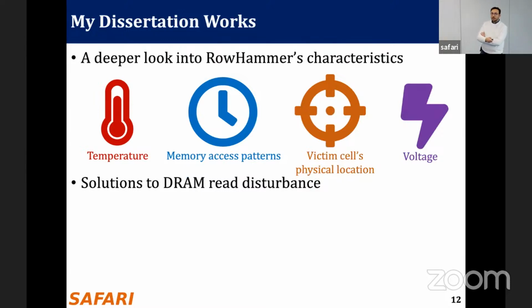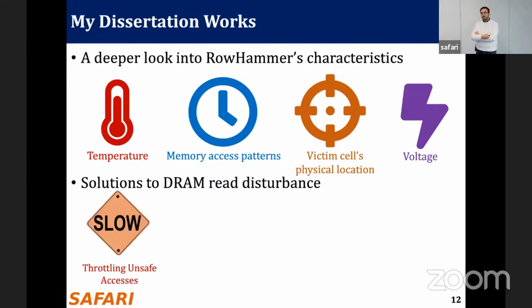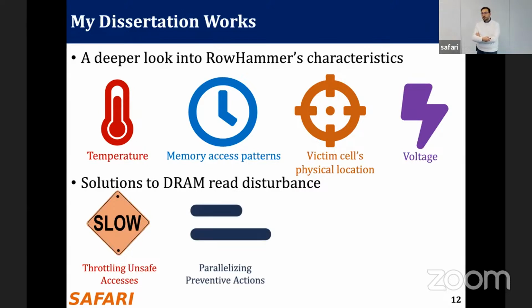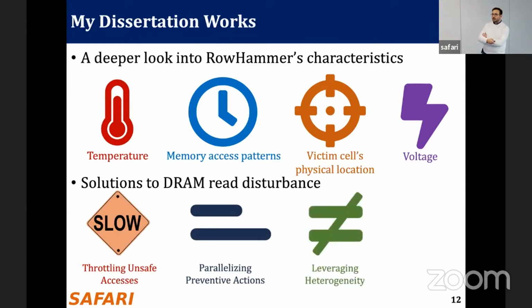And we also came up with solutions to DRAM read disturbance by throttling unsafe accesses, parallelizing preventive actions, and leveraging heterogeneity to solve DRAM read disturbance in a more efficient and scalable way.